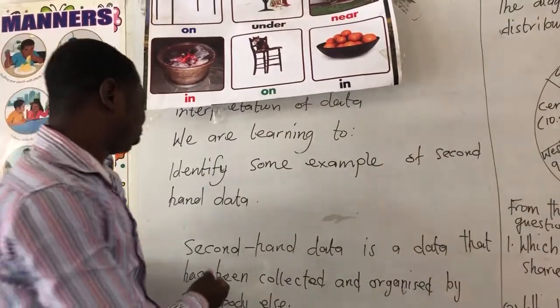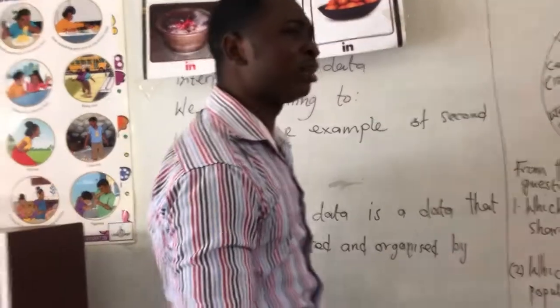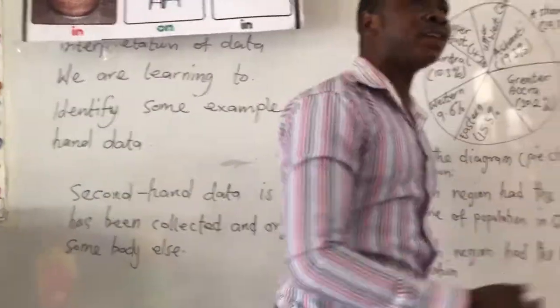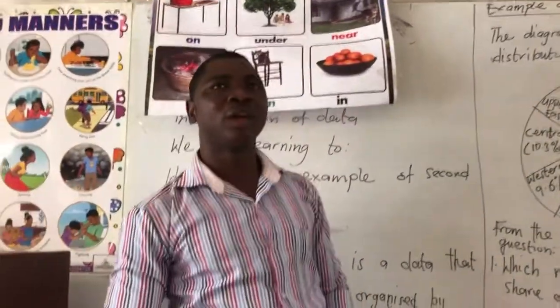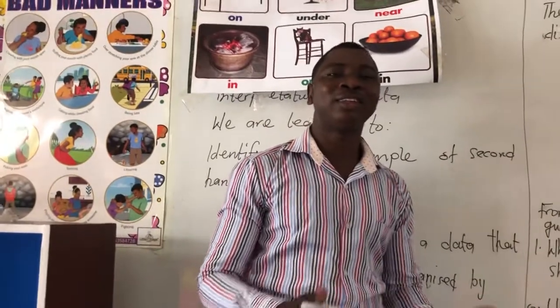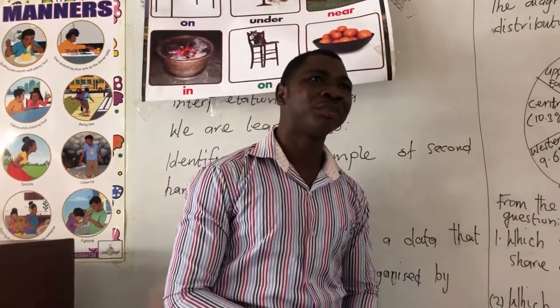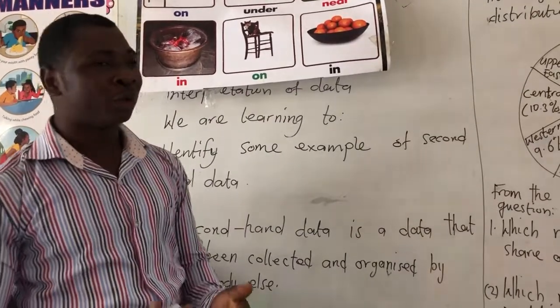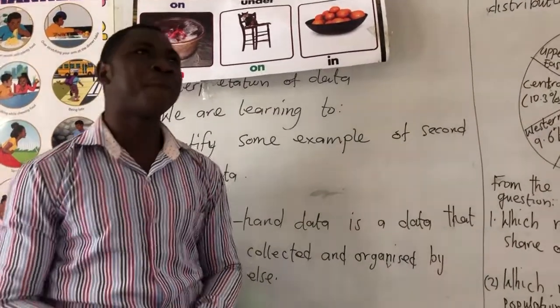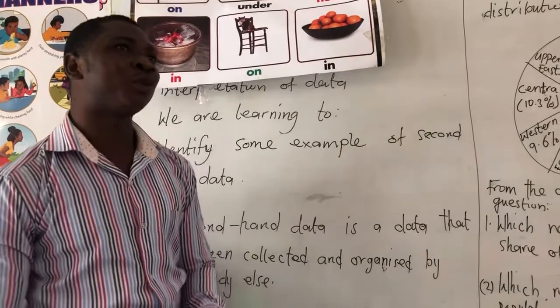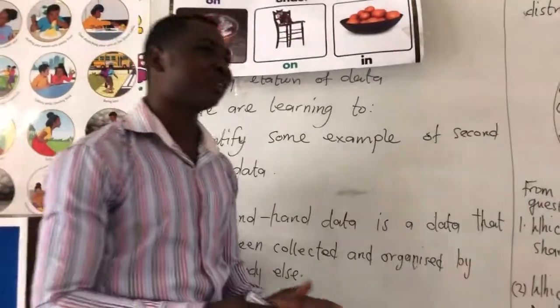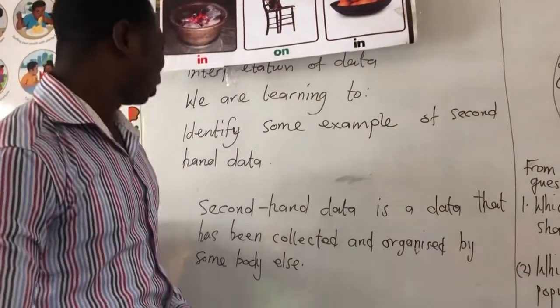Previously we learned about first-hand data. You said first-hand data is data collected by you yourself. We also talked about second-hand data, but we don't know any example of it. So what's second-hand data?